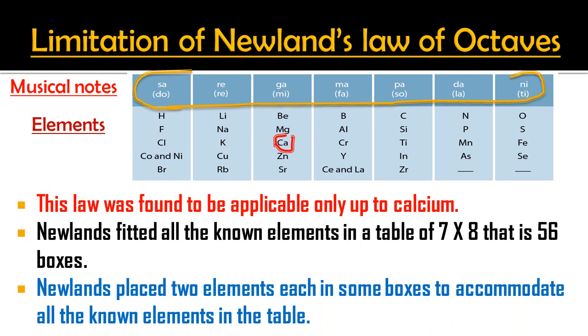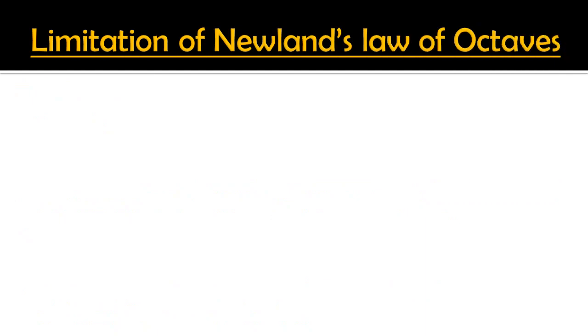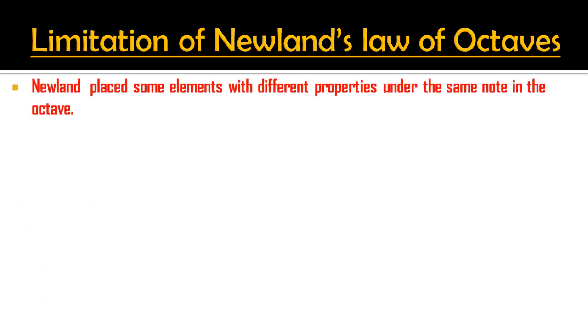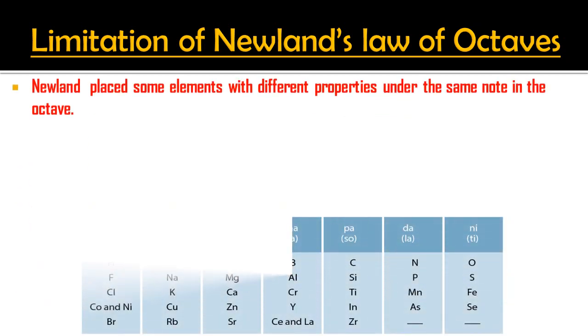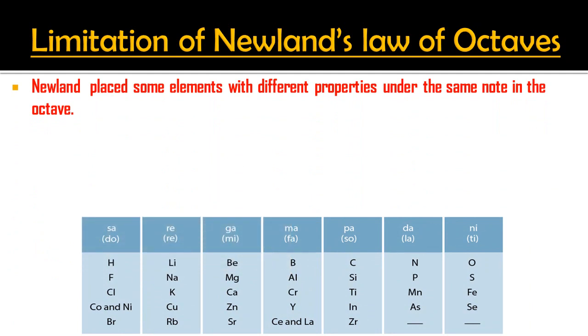For example, you can observe here that cobalt and nickel are placed in one same place, and cerium and lanthanum are also placed in one place. So Newlands placed some elements with different properties under the same note in the octave.